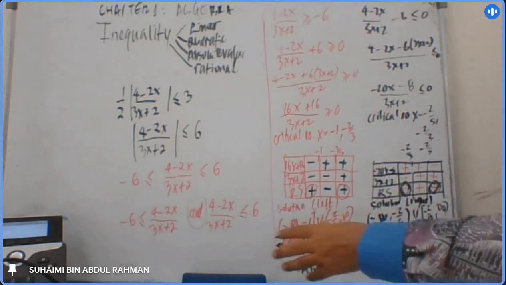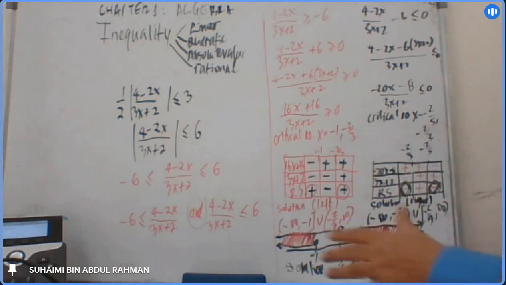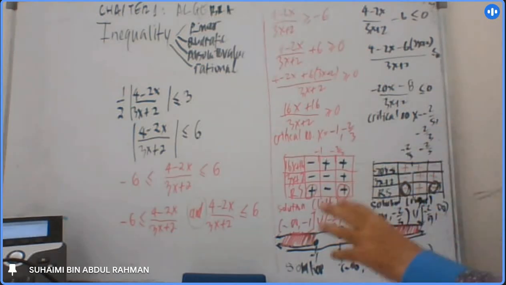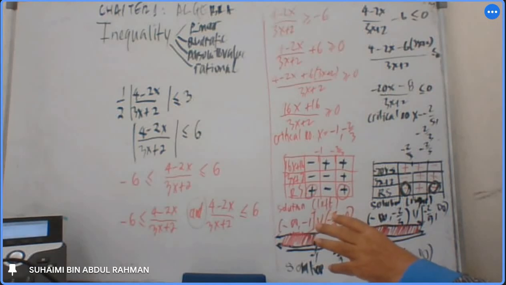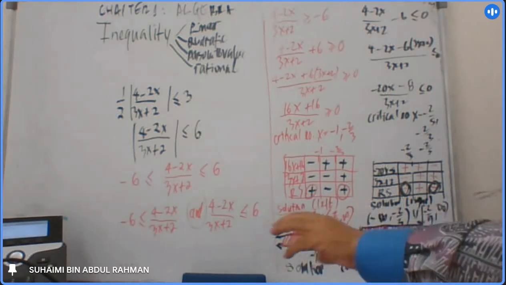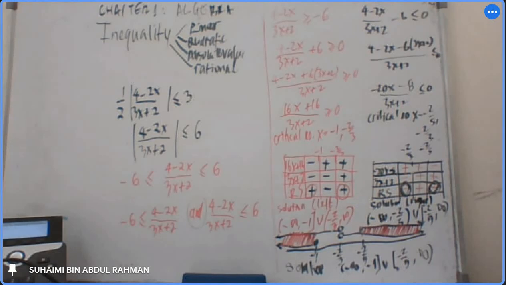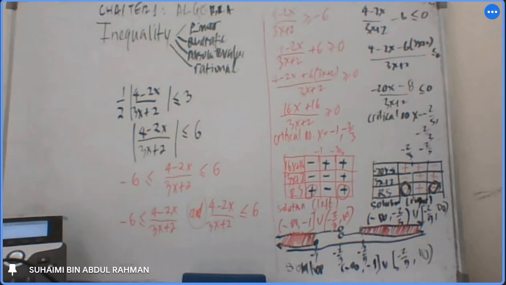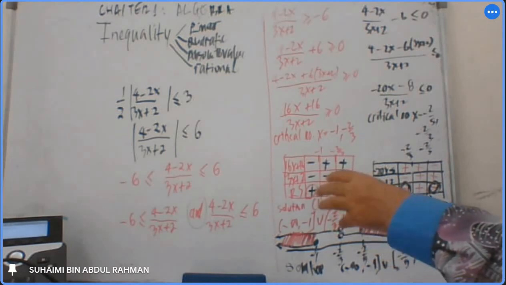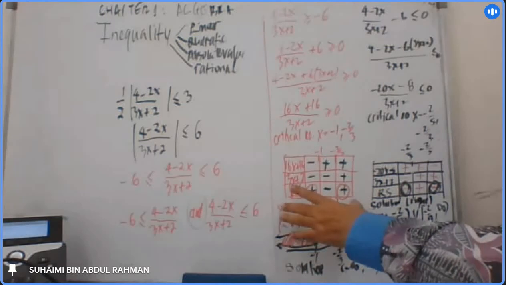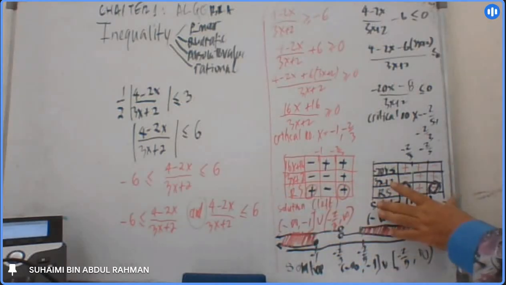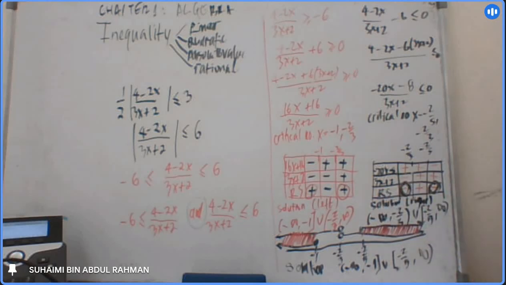Then we draw the number line to see clearly the place where they intersect, and we represent the final solutions, because the solution we have so far is only for the left, and the other is only for the right.